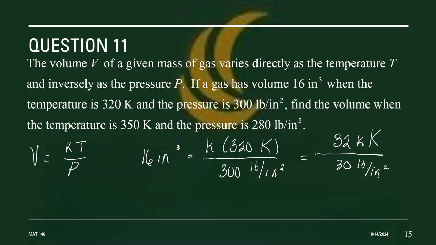But 32 over 30 can be simplified. That'll be 16 over 15. Kelvin, square inches, inverse pound.